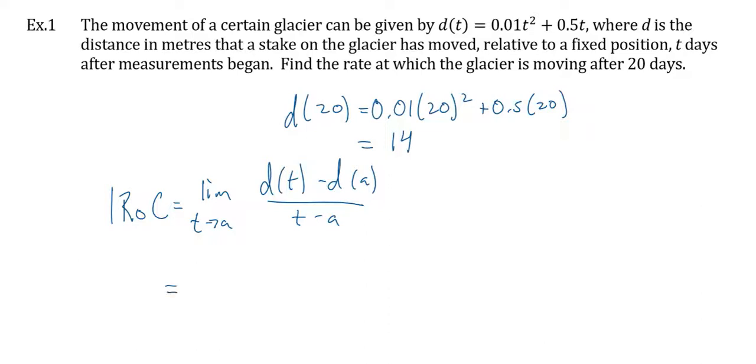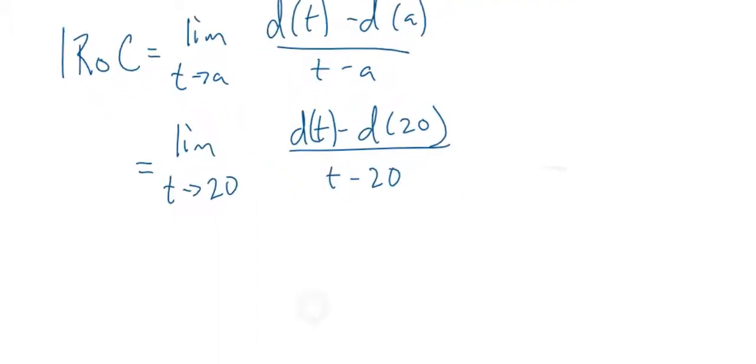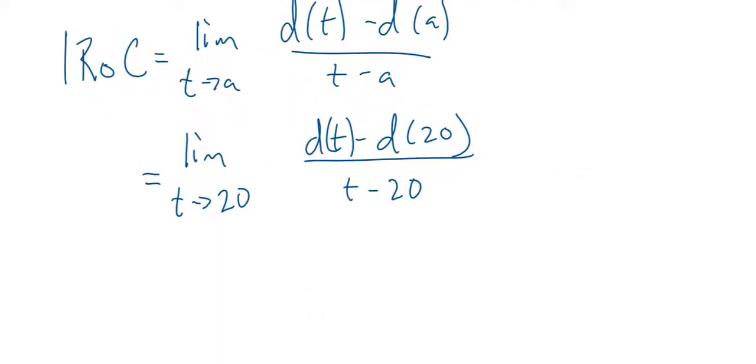And we're doing this for 20 days, so it's the limit as the number of days t approaches 20. Okay, and I think you know what to do, so go ahead.